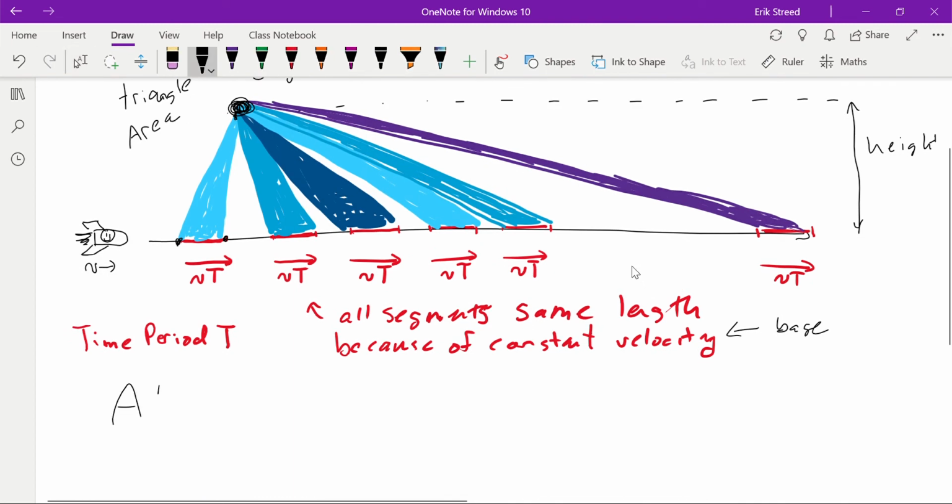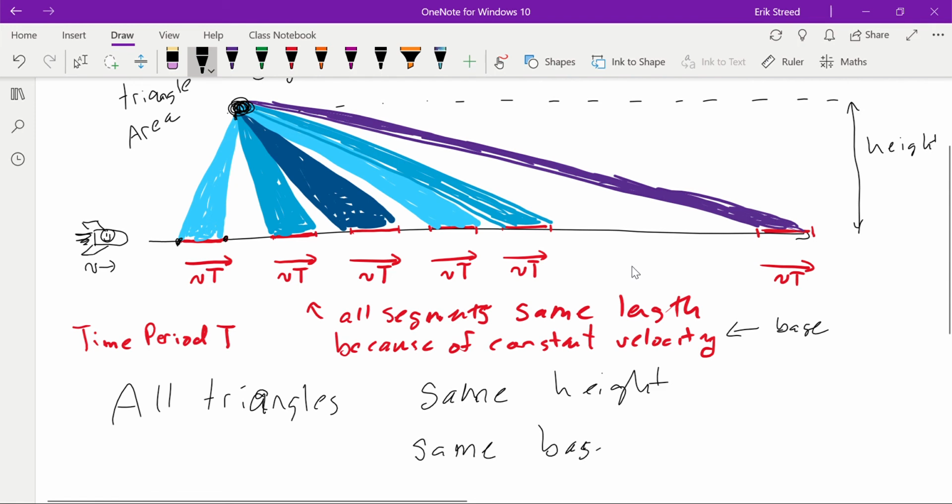So all triangles have the same height, which is just this minimum approach distance, and they all have the same base.